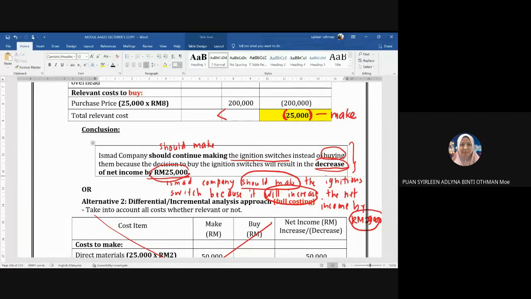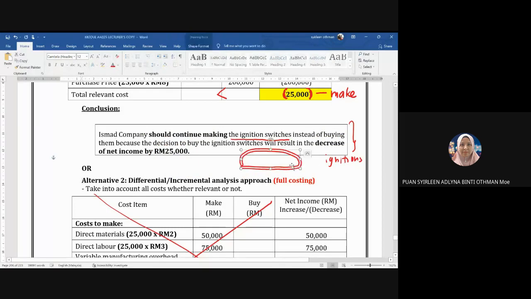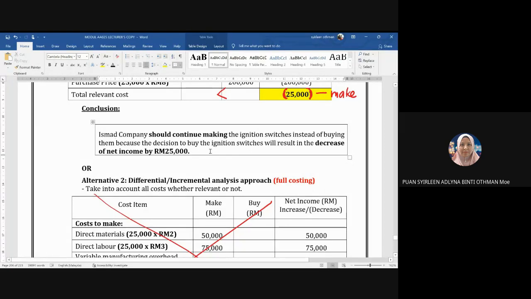So kalau I make, I will increase my income statement. So kita ambil ayat yang lebih mudah lah. Okay, boleh tak? Alright, so saya padam balik yang ni. Okay, I give you an easier option to answer your question. Sebab yang ni memang ayat dalam buku, ayat dalam buku canggih sangat lah.